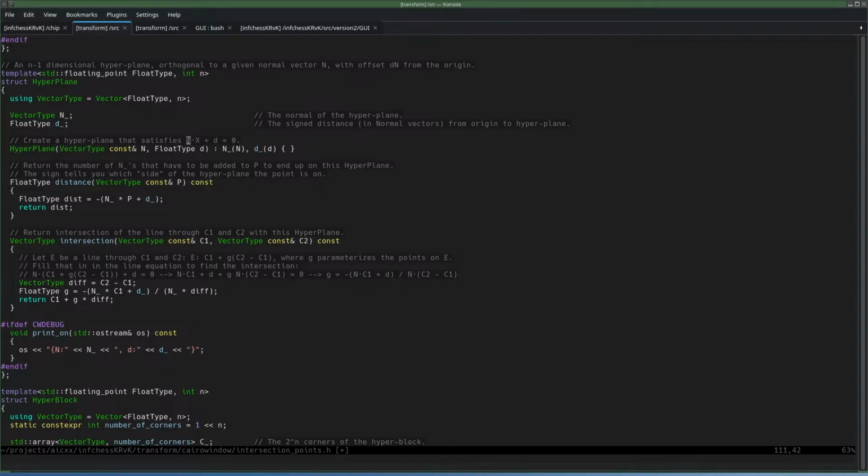No, wait a minute. 1, 2, 3. Yeah, I need 3 dimensions. So if n is 4, then the hyperplane is 1 dimension less, so that would be 3-dimensional. You have some volume that is entirely perpendicular to the normal and it's at some distance from the origin.